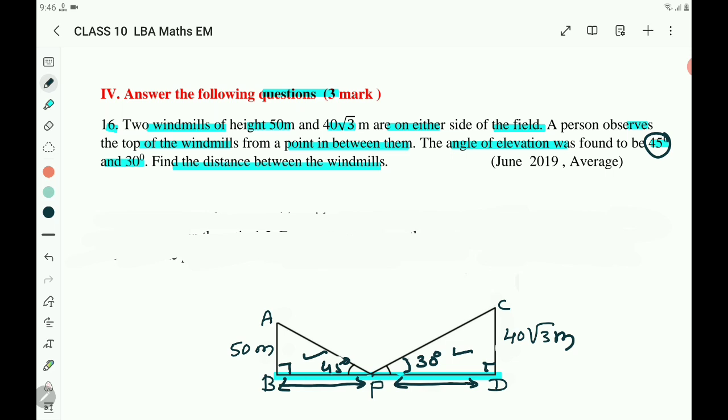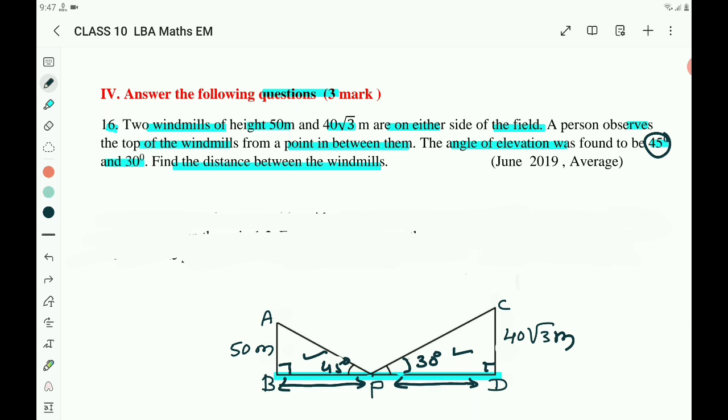To find PD, use the right angle triangle PCD. Here, by using this right angle triangle, we can get the value of BP. And by using this right angle triangle, you can have the length of PD. And by adding BP and PD, you will get the distance between the windmill.